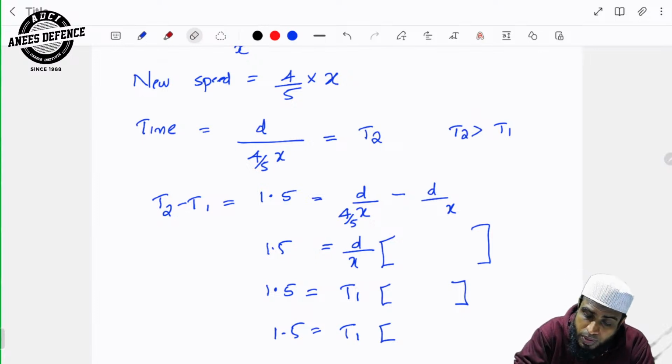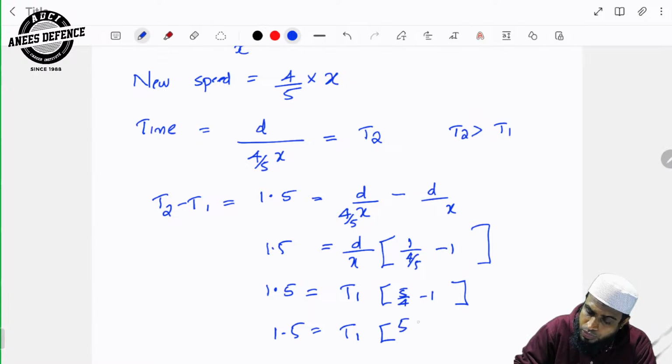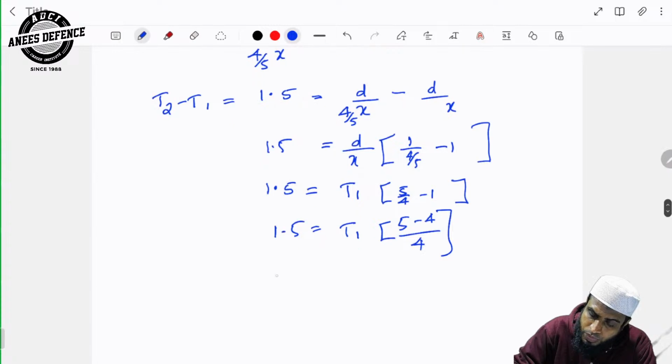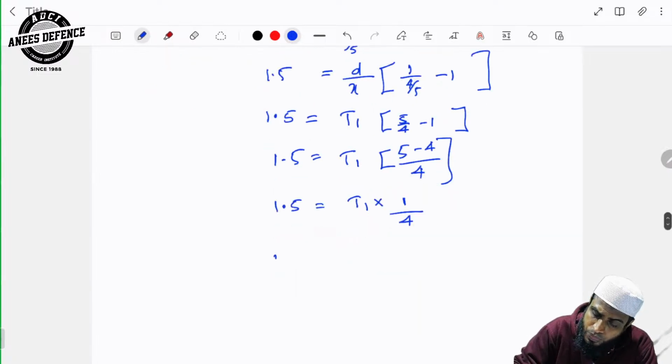So t2 minus t1 we have to consider: 1 by 4 by 5 minus 1, so this can be 5 by 4 minus 1, so 5 minus 4 by 4. Now it is okay. 1.5 equals t1 into 5 minus 4 by 4. So t1 equals 4 into 1.5.